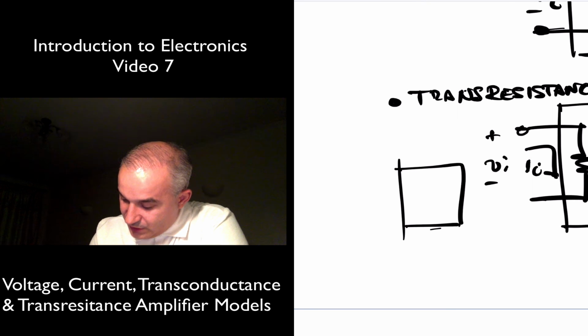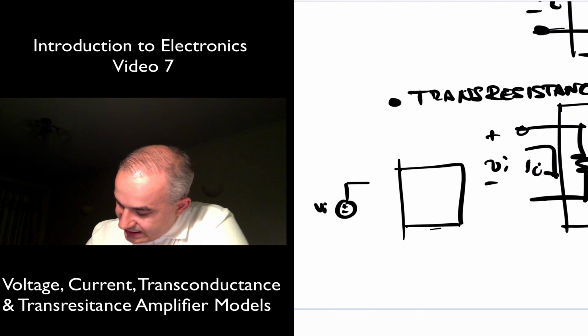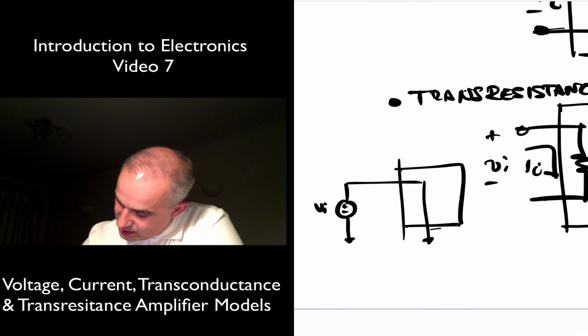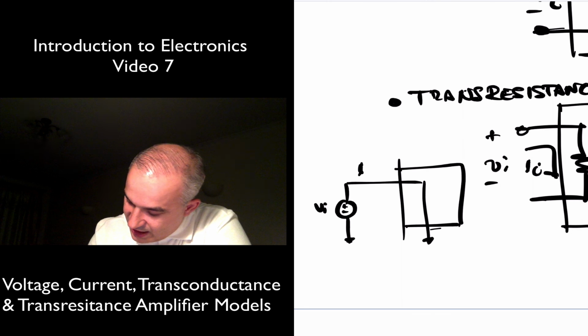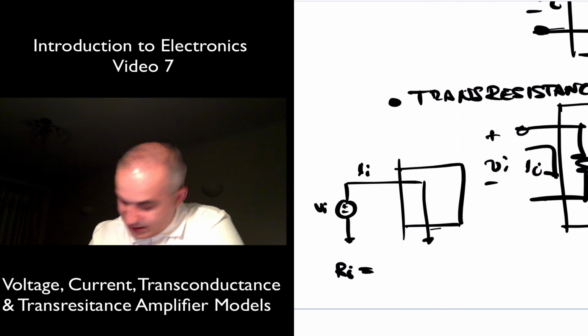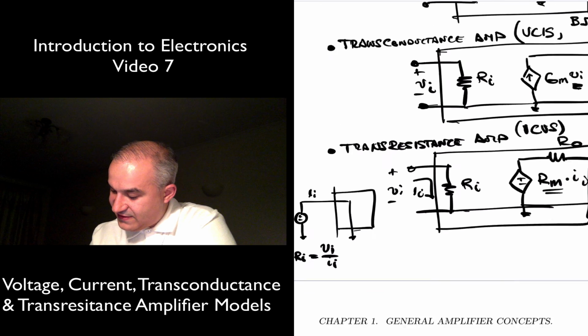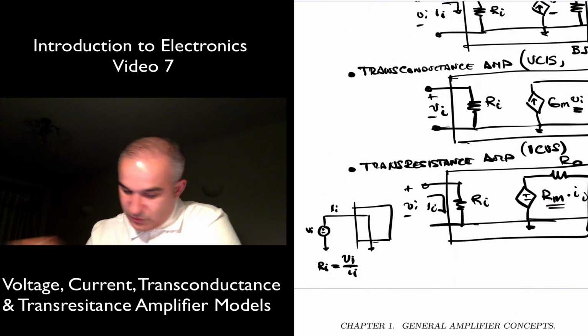We can just go ahead and connect a voltage input Vi and see how much current Ii it is going to draw, and the input impedance is going to be Vi over how much current it drew, right?